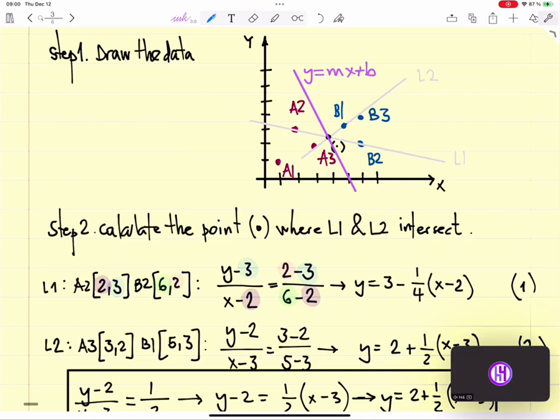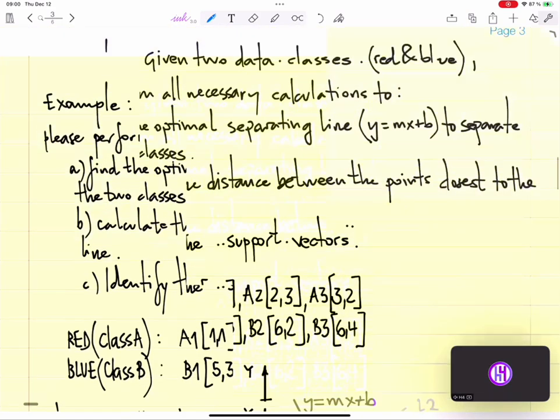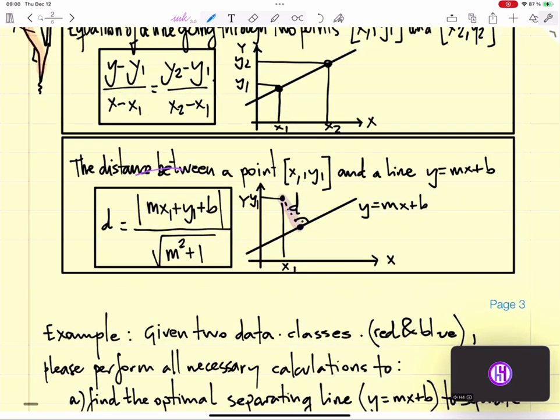So what is the distance between a line and a point? It's given by this equation. Okay? So mx1 plus y1 plus b in absolute value divided by the square root of m squared plus 1.